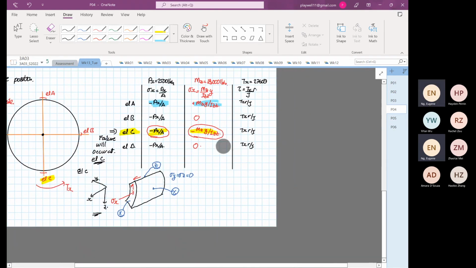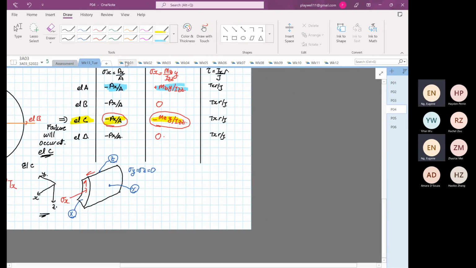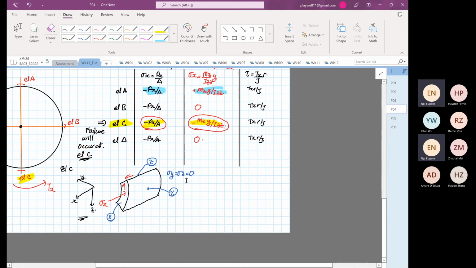So it all depends on the principal stresses. Again, this is just a sketch, so I'm going to focus on the negative. You know what? Since we are here already, I'm going to use a new page. I do apologize for squeezing it so much.